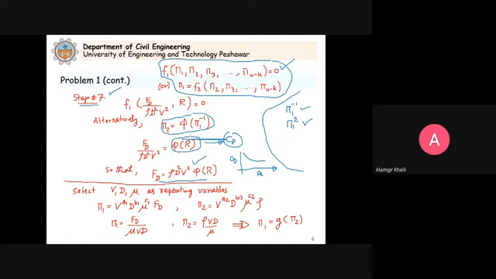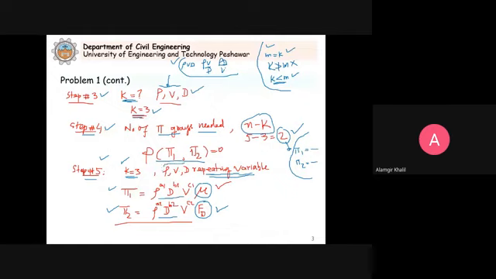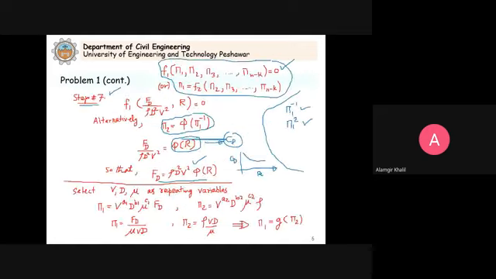Now the next thing here is that we selected rho, V, D as repeating variables. You can ask a question: if I select, for example, mu as a repeating variable, then what will happen? For example, if we select V, D and mu as repeating variables, then these will be the pi groups.